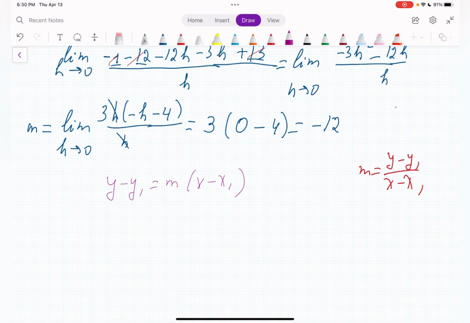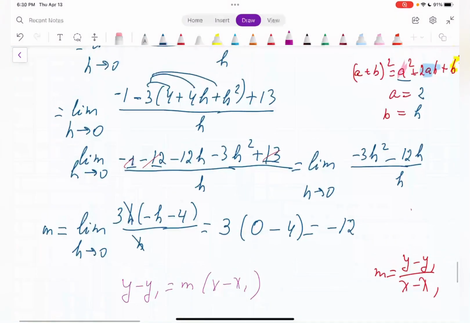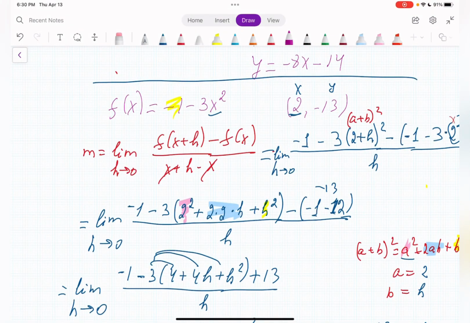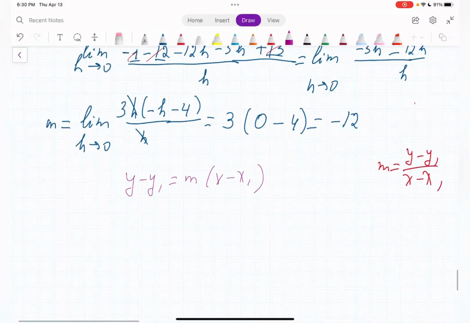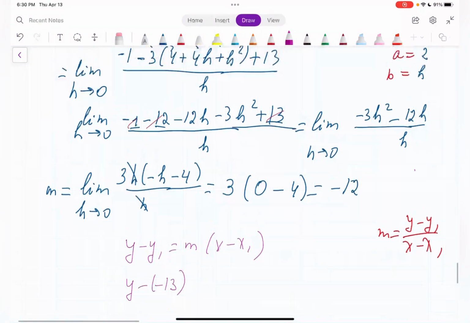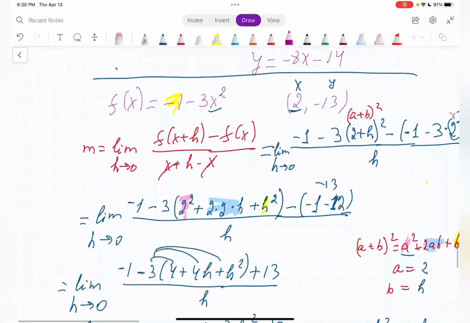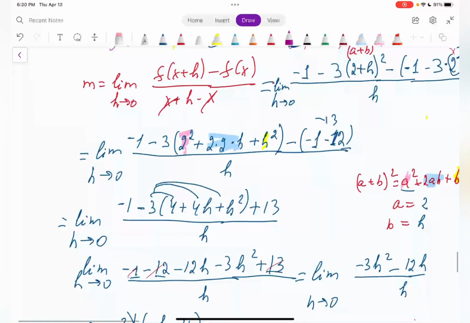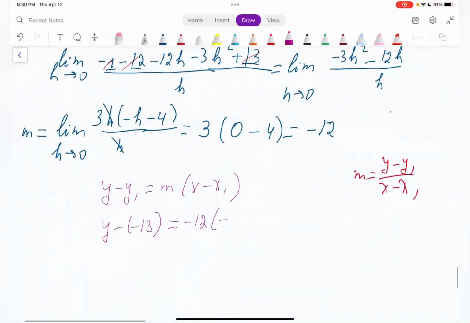So, let's see. What are our coordinates? 2 and negative 13. 2 is x, negative 13 is y. So, y minus negative 13, yes, equal m is negative 12, x minus 2.